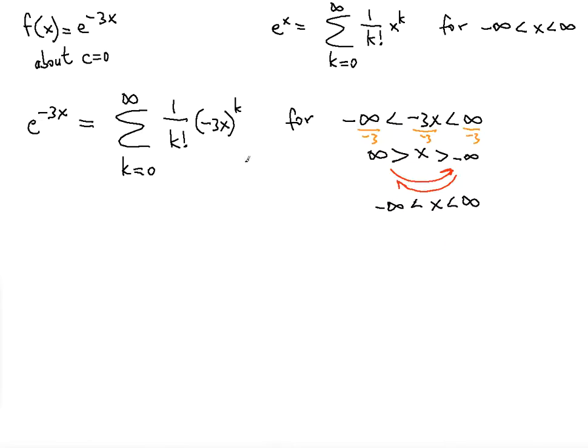Now the only thing that remains is to make this a readable format, because right now you're not going to read negative 3x to the k. You have to put the negative 3 outside.